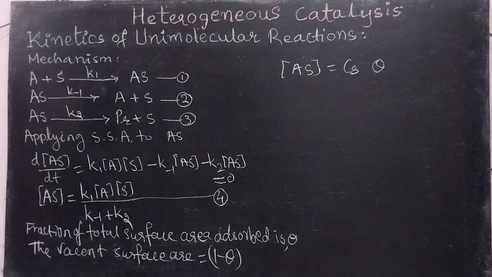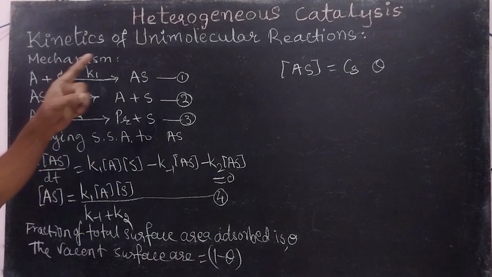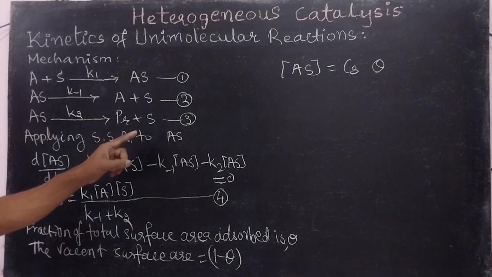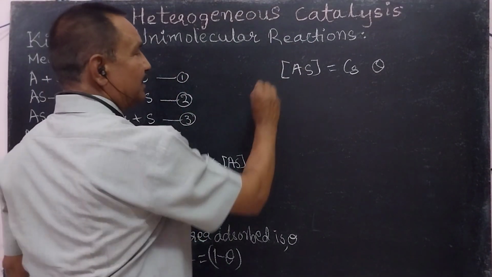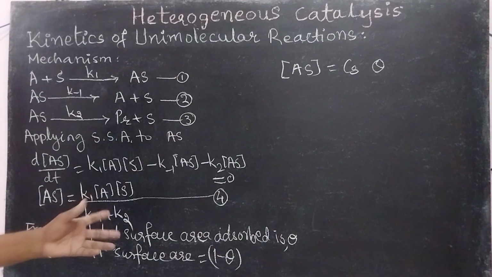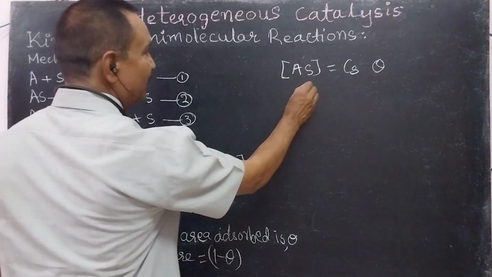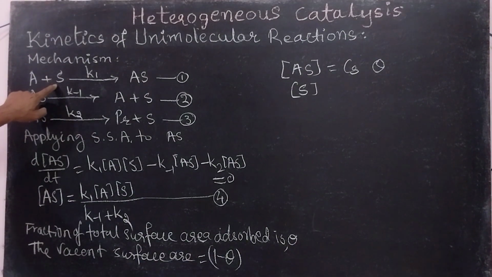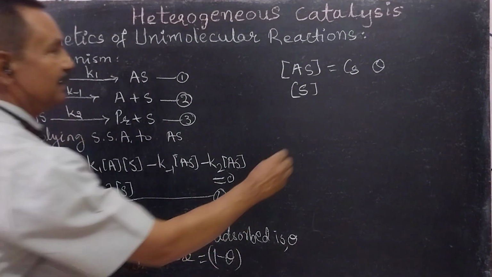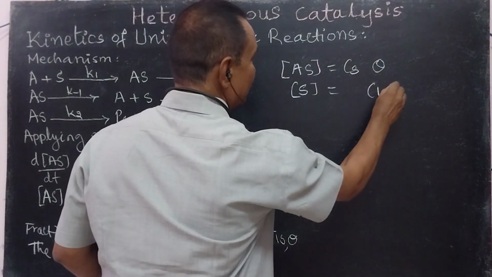Thus the concentration of AS is directly proportional to theta, and the proportionality constant is CS. Thus we get this. Then there is the vacant area, the sites which are available for the absorption. Here this indicates the vacant area. The vacant area is directly proportional to 1 minus theta.